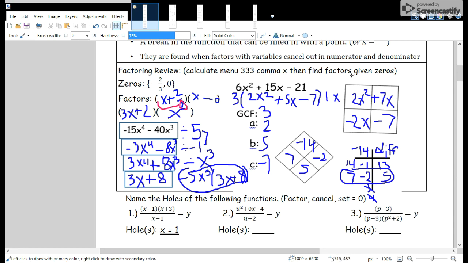They both have a 2, let's take out the 2, and they both have an x as well. If you keep factoring them out, you should get these numbers. So your factored form would be 3 parentheses 2x plus 7, close parentheses, open parentheses x minus 1. And that's how you would factor.